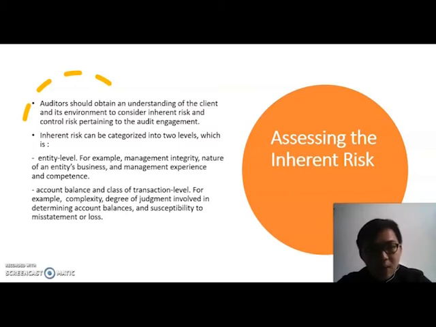Inherent risk can be categorized into two levels, which is entity level, for example, management integrity, nature of an entity's business, and management experience and competence. And the second category is the account balance and class of transaction level. For example, complexity, degree of judgment involved in determining account balance, and susceptibility to misstatement or loss.